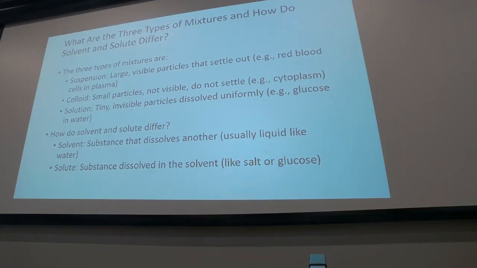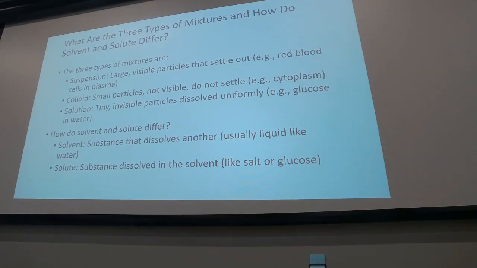If it's a lot, then it will be opaque. If it's not so much, it will be clear. And then solution, the particles are very small. And independently of whether it's highly concentrated or not, these solutions are clear for the most part.